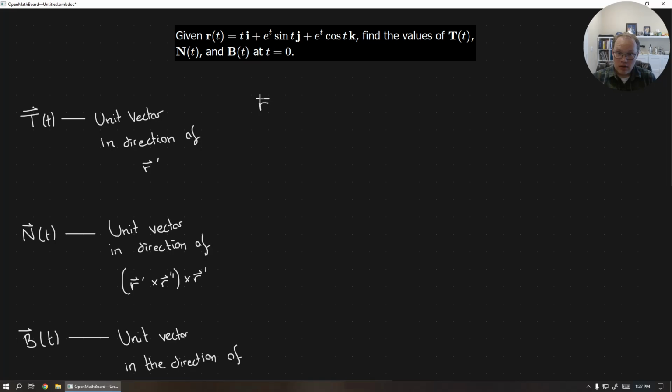So r prime, well, let me rewrite r of t first, a little bigger so it's a little easier to see. And I think I'll write it in angle bracket notation. I like angle bracket notation better. And I think it is a little easier to mentally separate the different components. Okay?